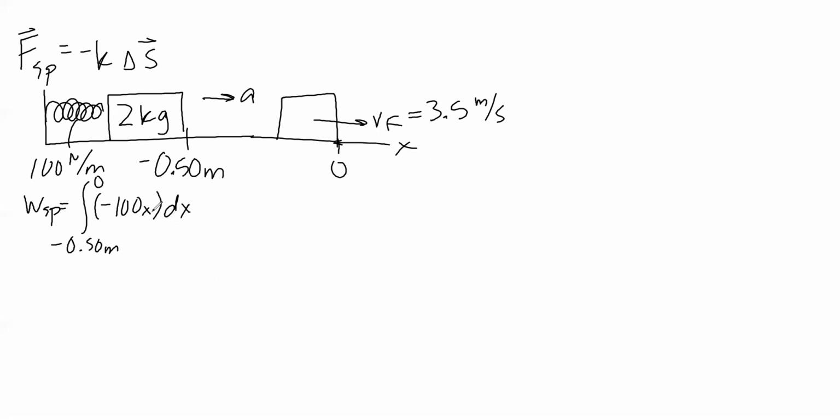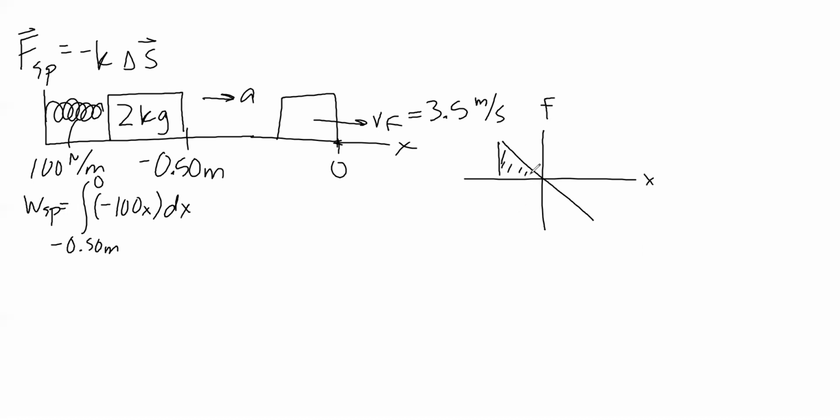In this expression, or in this limit, x is negative, so it's going to make the term in the parentheses positive. Another way to interpret this, that the book must have mentioned, is that if you graph the force as a function of position, you'll find that it's linear, and the sign of the force goes like that. And so what we're trying to do is find the area of this triangle here, aren't we?